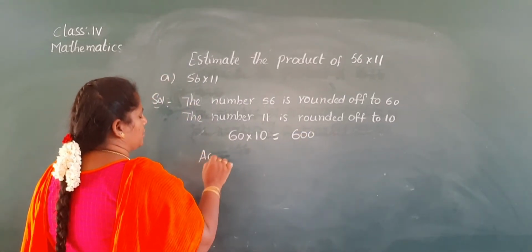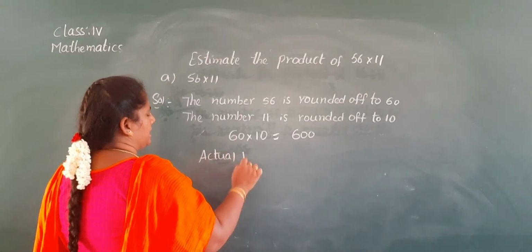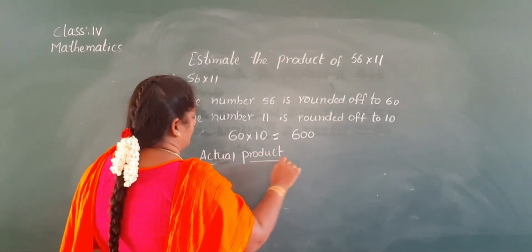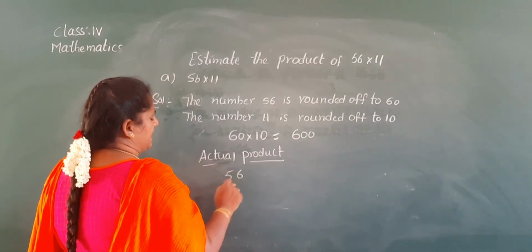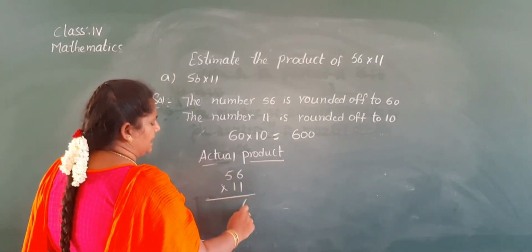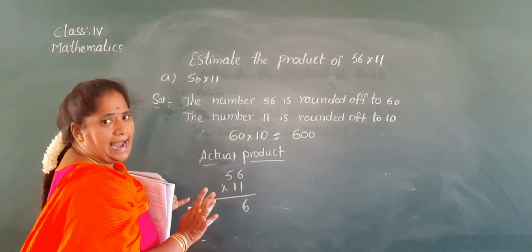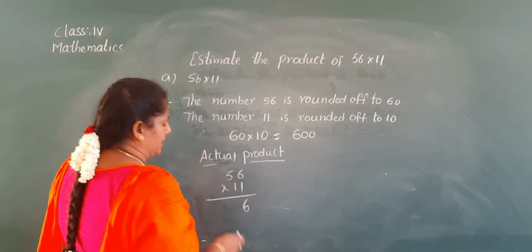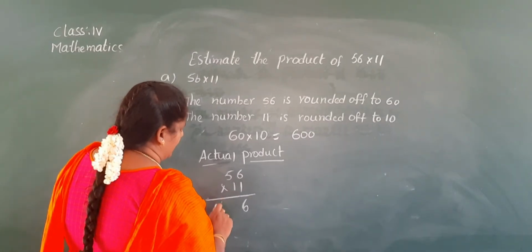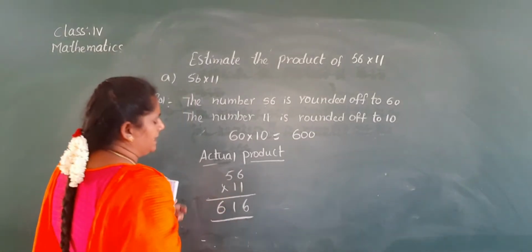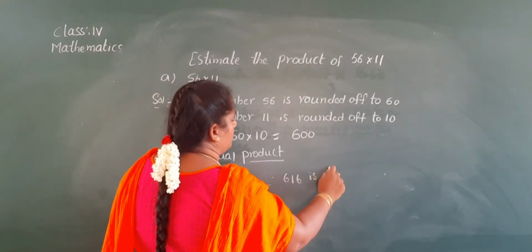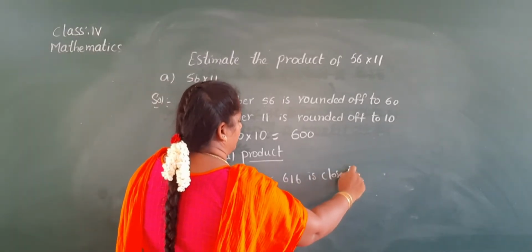Now we find the actual product. 56 into 11. 11 times 6 is 66, 6 in hand, 6 is down. 11 fives are 55 plus 6, 61. So 616. Therefore, 616 is close to 600.